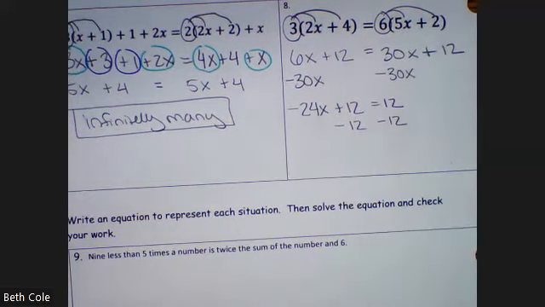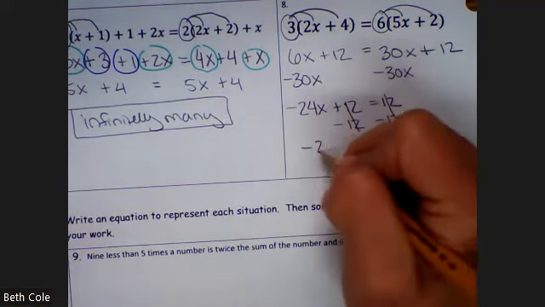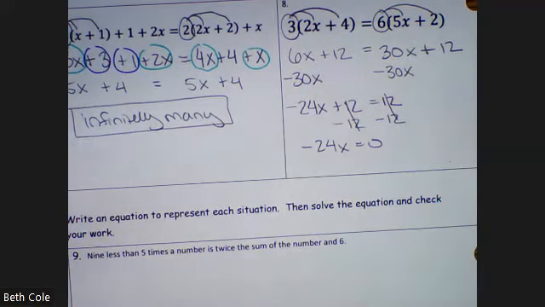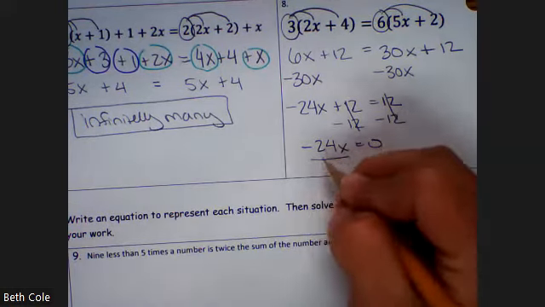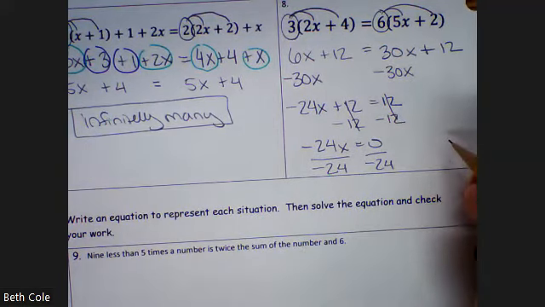Subtract 12. Why am I subtracting 12? Because it's positive 12. And that's going to be negative 24x equals 0. And then usually that's where people hit a roadblock in their mind and they're like, wait, what do I do? Pretend it's not 0 and just keep going. Pretend it's any other number and just keep going. What would you do next? Divide by negative 24. 0 divided by literally anything is 0.